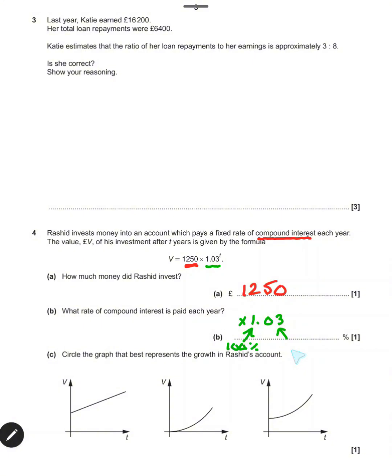And this here is adding on 3%. 0.03 is 3 divided by 100, and that there is your 3%. That's how you turn a decimal to a fraction to a percentage. So it's a 3% increase.